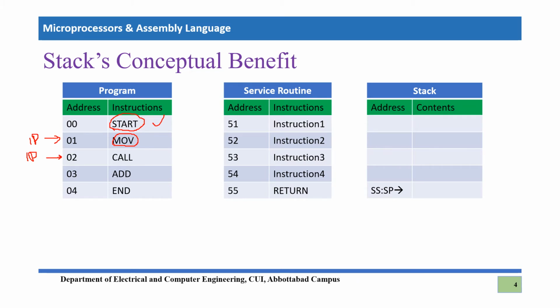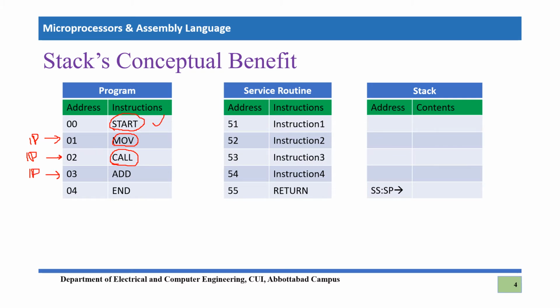And while the call instruction is under execution, the next instruction, which is add and its address is 03, should be pointed to by IP. So up to this point, all the steps are similar.